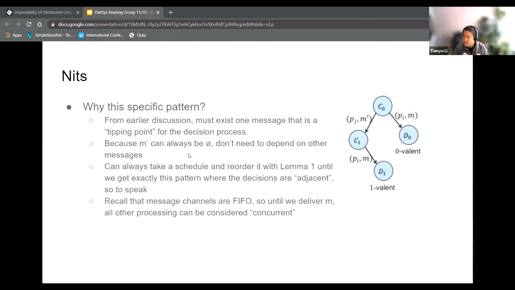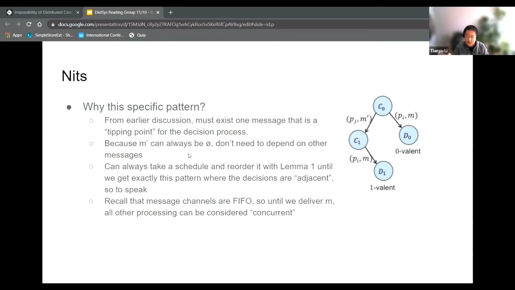This is somewhat of an involved process to show, which is why I'm just going to ask you to take my word for it. But basically, because message channels are FIFO, if I delay P, I, N, if I don't allow this channel to emit a message, eventually I'll run out of stuff to do that's independent.